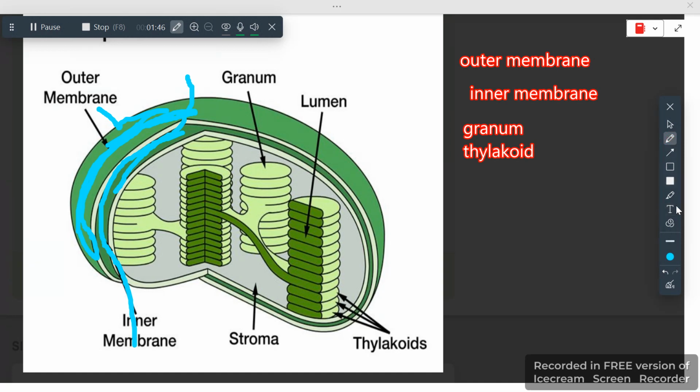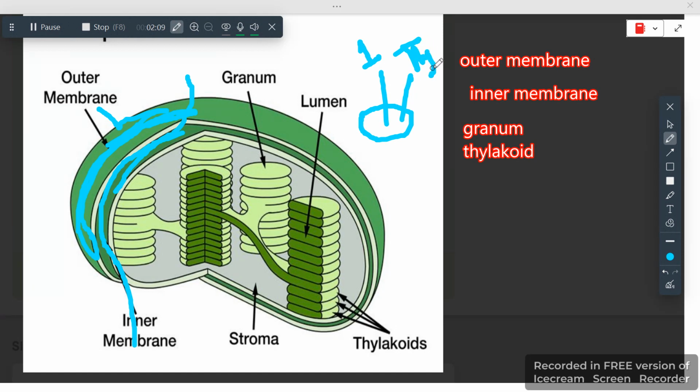Thylakoid simply means, if you can look, I just make one structure. This is a sac-like, round structure, and it's only one, a single structure. This single structure is known as thylakoid.